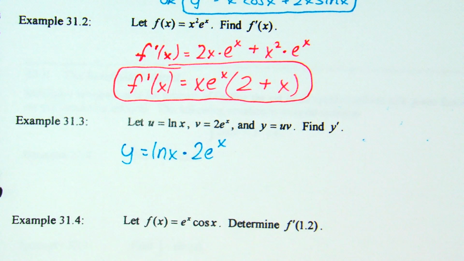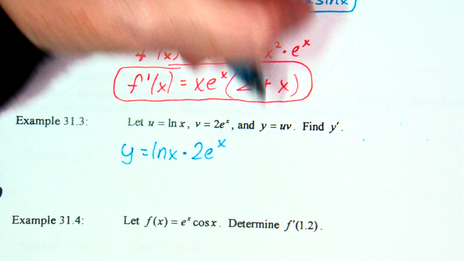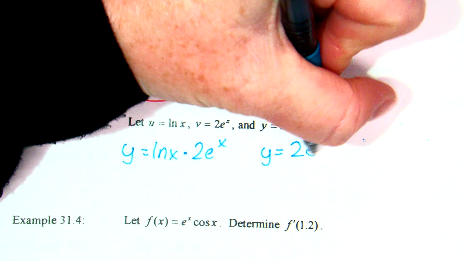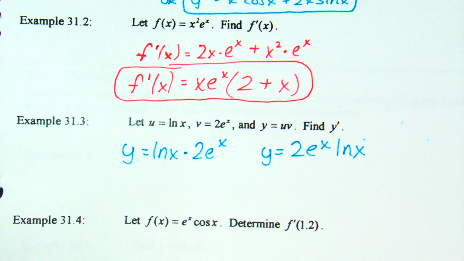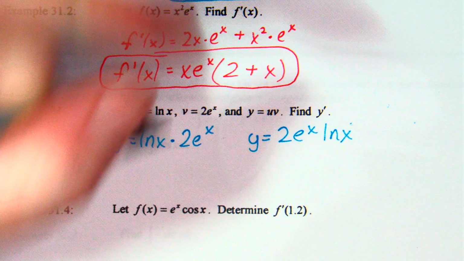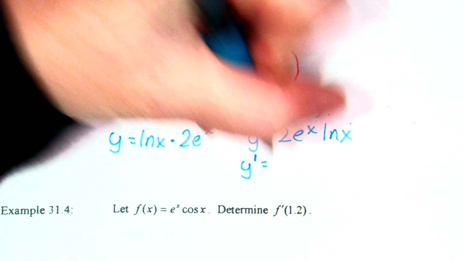I think I'd almost like the other order better, really. But in all honesty, it's not going to matter. The other order would have been to say 2e to the x ln x. Because then you don't necessarily have to have the multiplication out there. But, okay, you guys ready to take the derivative? Y prime.